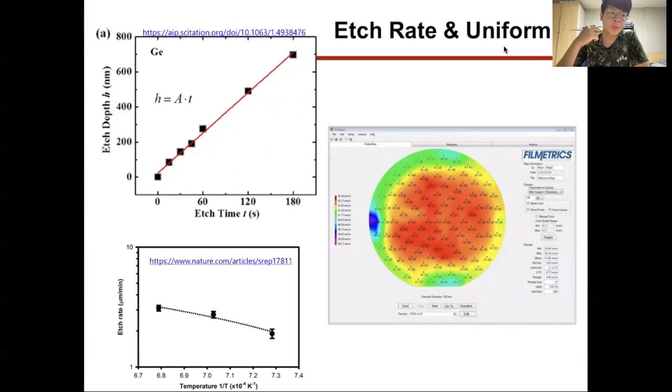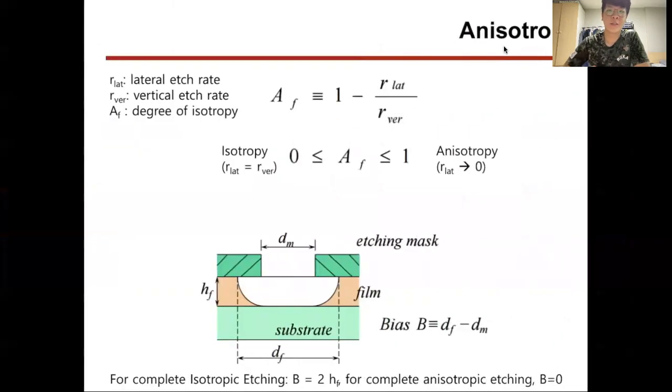So as temperature goes up, the activation energy gets lowered, so it is easier to remove the particles in silicon or something else.